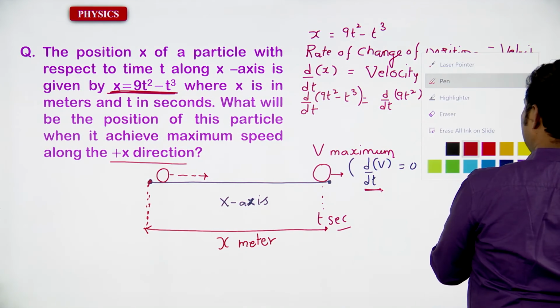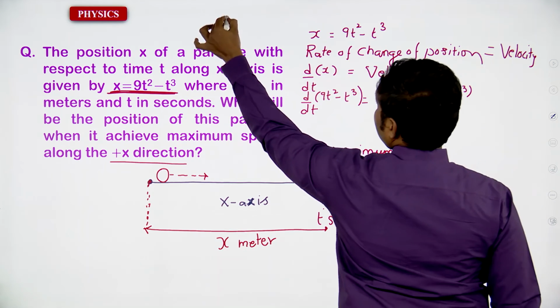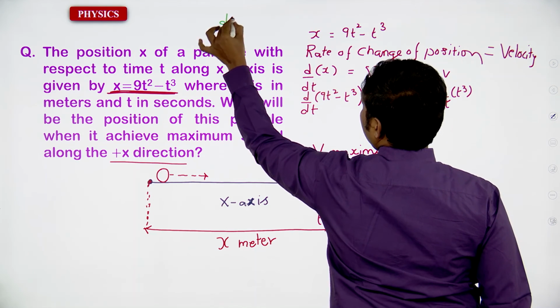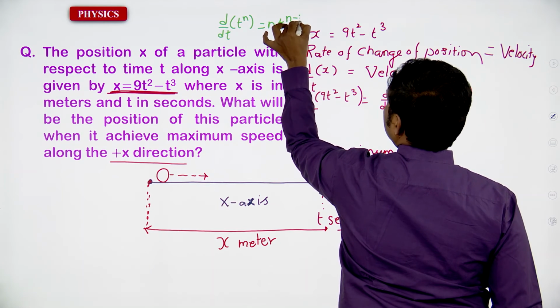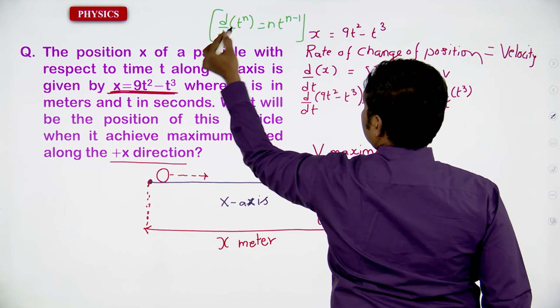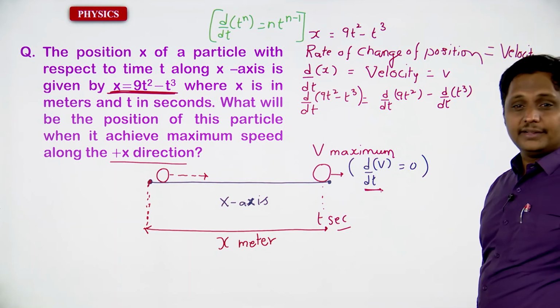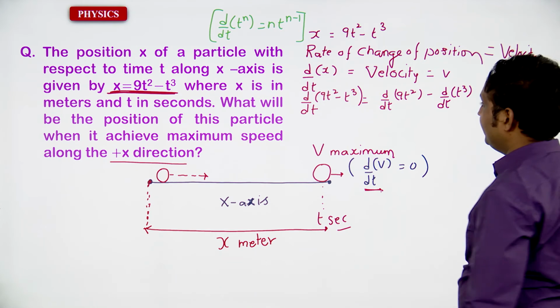The general notation is d by dt of t power n is equal to n into t power n minus 1. By knowing this formula, you can solve that. This is very important, please note that.